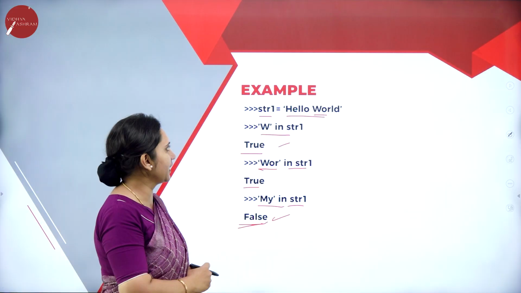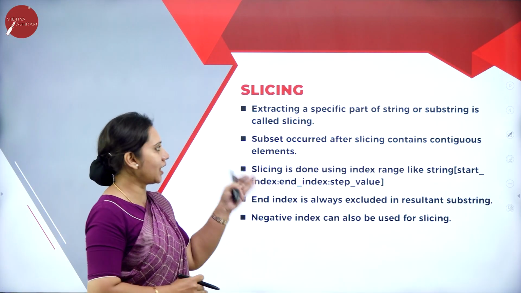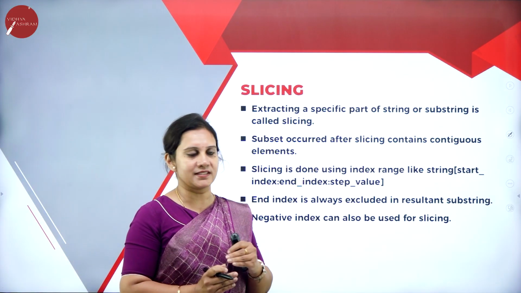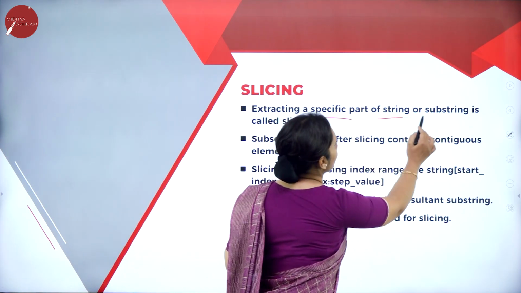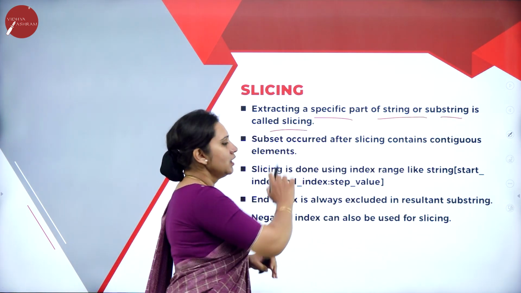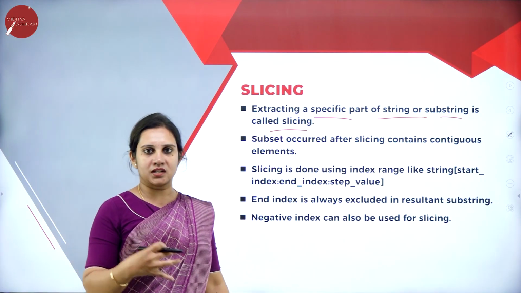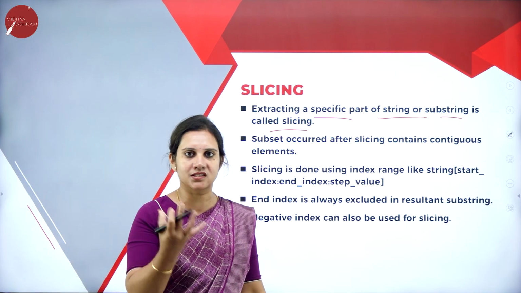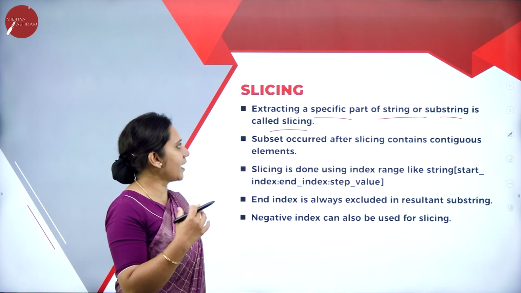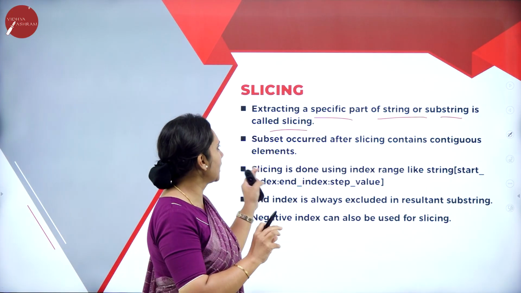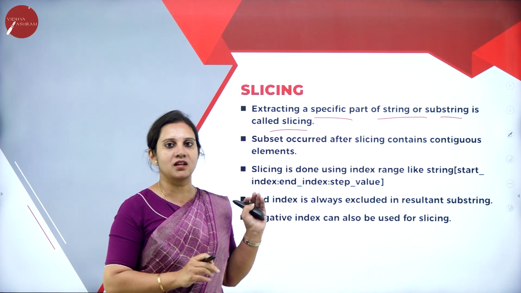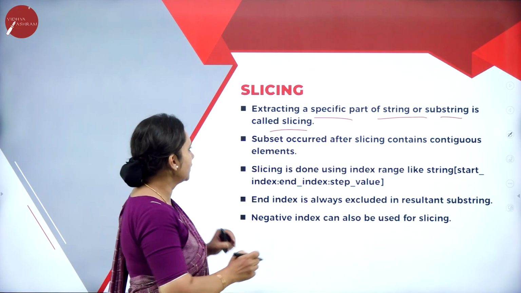So next operation we will see is slicing. What do you mean by slicing? Slicing is extracting a specific part of a string, or a substring. Means I want the exact part. That is, extracting a specific part of that particular string is what we call the slicing operation.